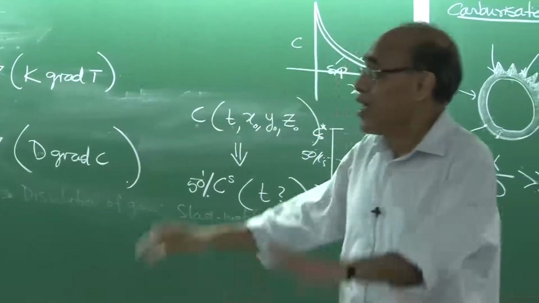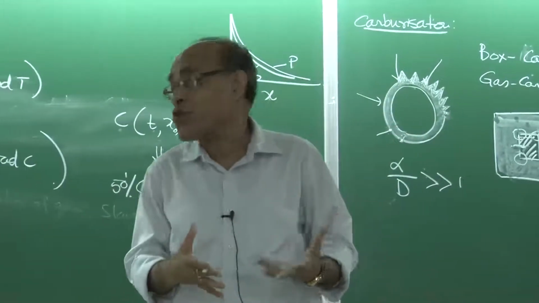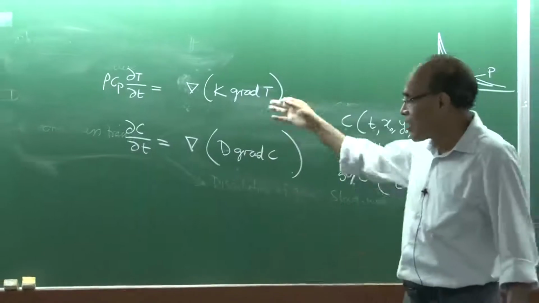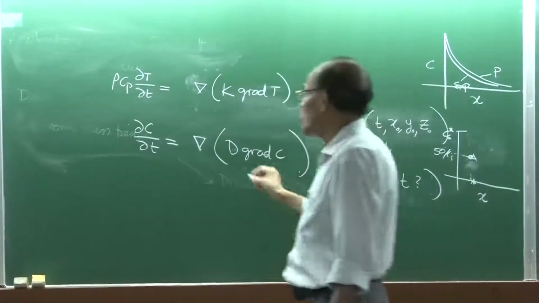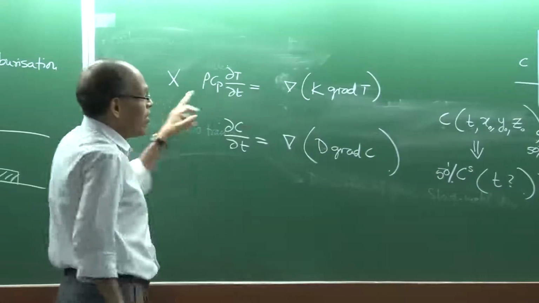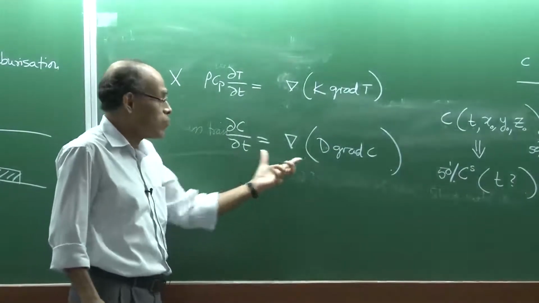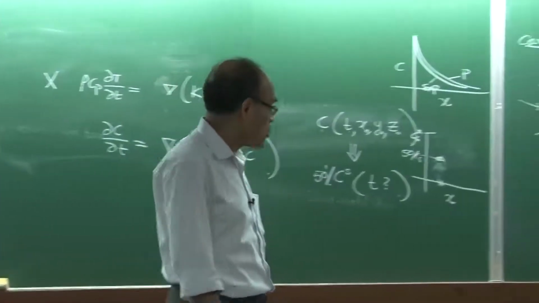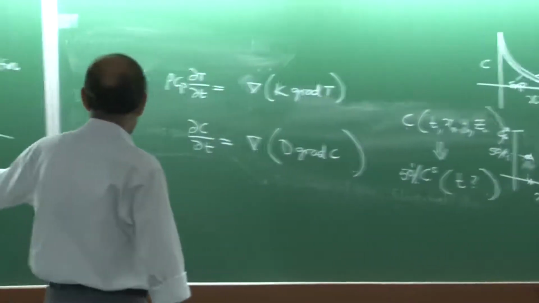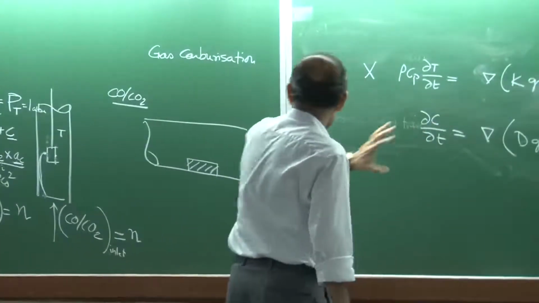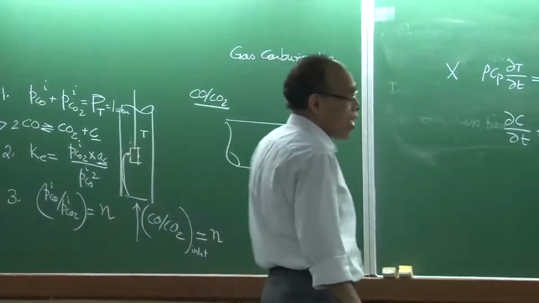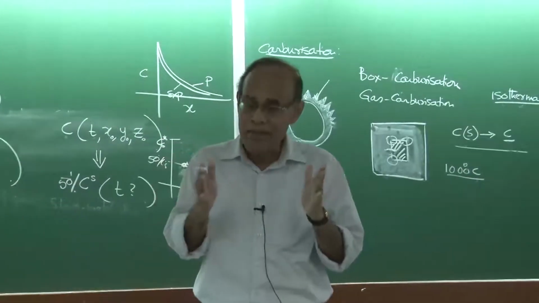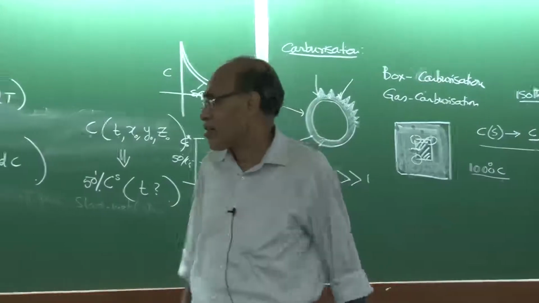That solution is possible. If it is not possible, if simplification of geometry is not possible, then you have to consider the problem again in a simultaneous fashion, heat and mass transfer together, or if you want to do an isothermal solution, you do not require this, you have to solve this, but even solving of this equation in a 3-dimensional unsteady state mode will require numerical solutions or computational methods, but you will be able to work out by solving this equation with the right kind of boundary conditions, how the concentration of carbon within the solid is changing as a function of time, and this will allow you to determine the evolution of case depth as a function of time.